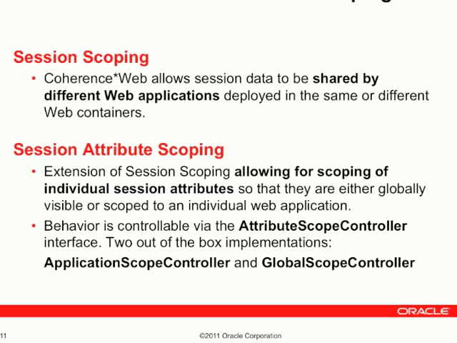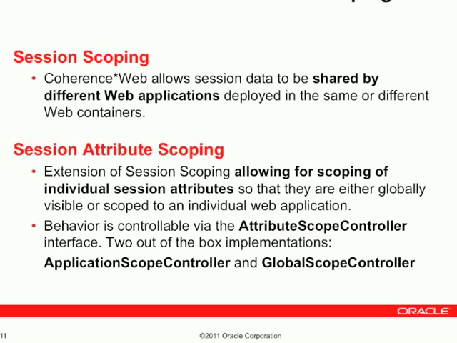Now, Coherence Web basically allows you to deploy a session sharing model where you can effectively share state between multiple applications that can be deployed on even different actual web containers. Coherence Web is supported on a number of servlet engines as well as Java EE application servers, including Oracle WebLogic Server, Oracle GlassFish Server, Tomcat, JBoss, IBM WebSphere.